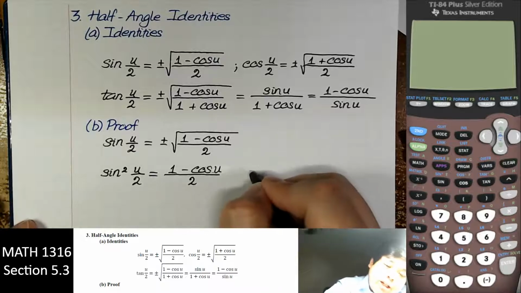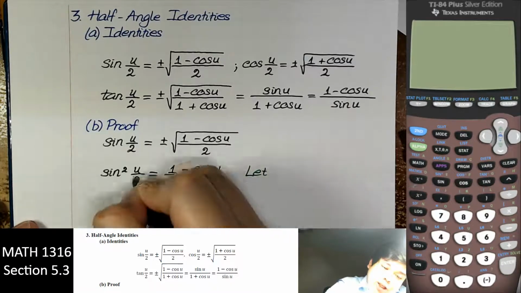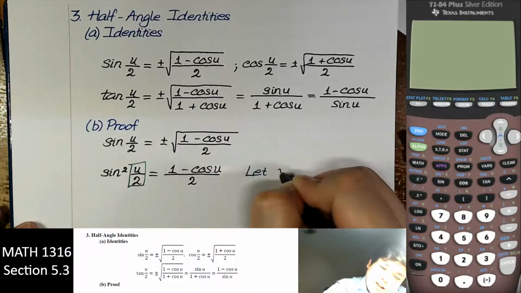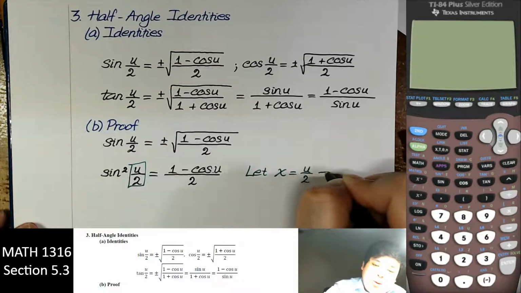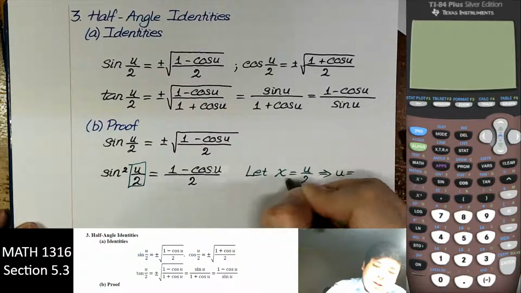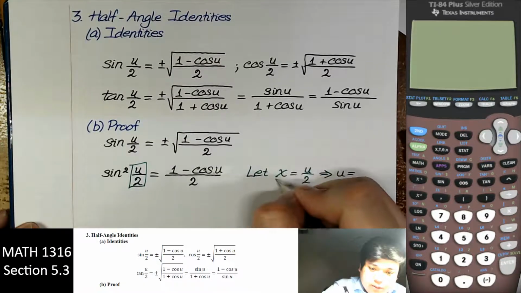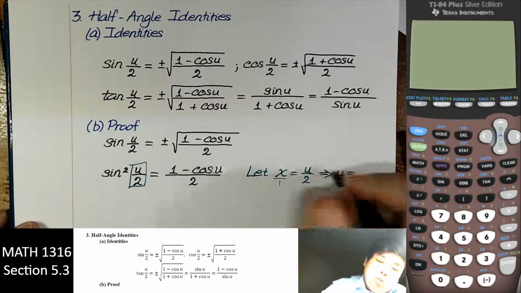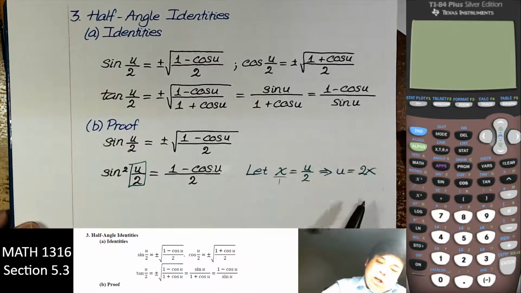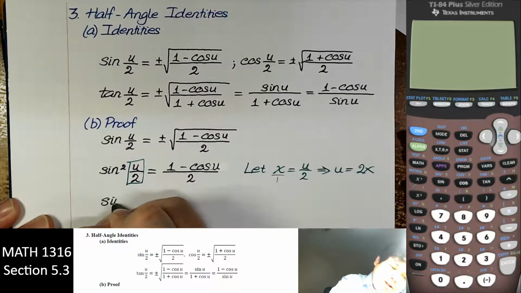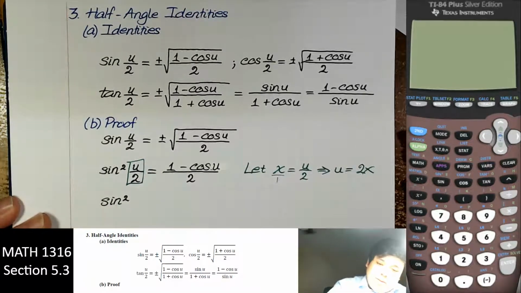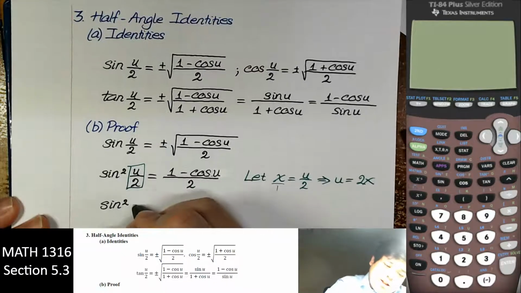So what we do here is, if we let u over 2 be x, solving for u, pretty much cross multiply, and we have 2x. So I will substitute 2x into u. U over 2 is x.